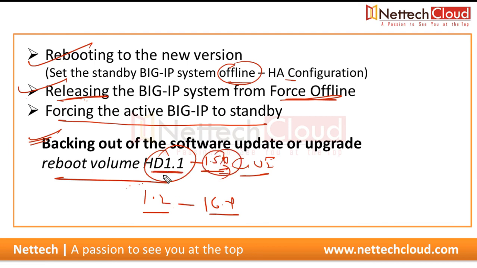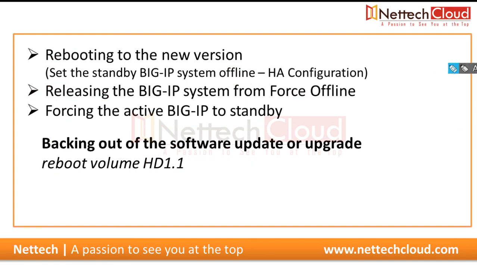So don't delete this partition. Of course the volume is there. So in case you are facing some issue with the application traffic, or a file is not being uploaded properly, then you can always go back to the previous version, that is 15.x. So that's one of the things that you can do, right?